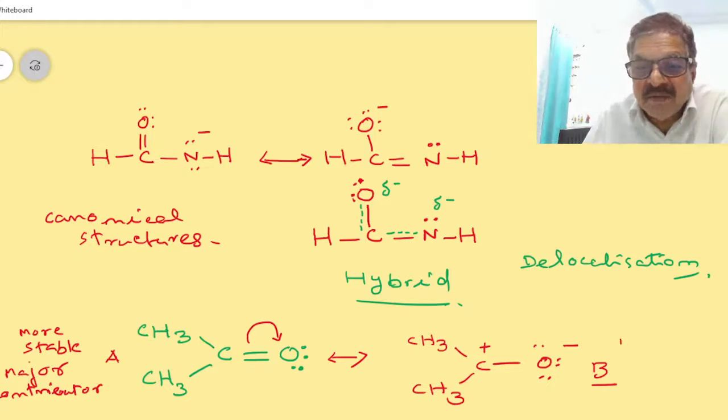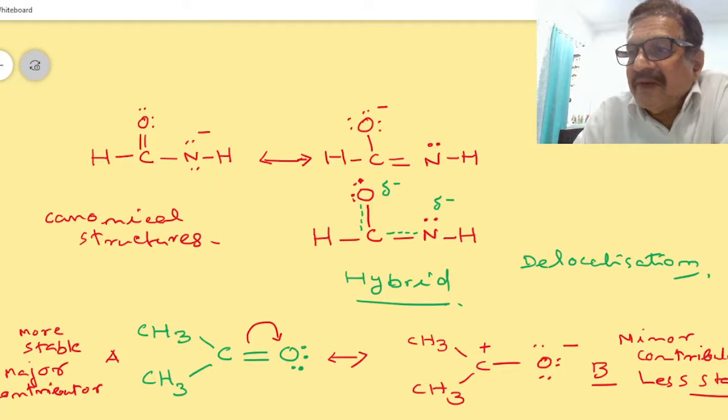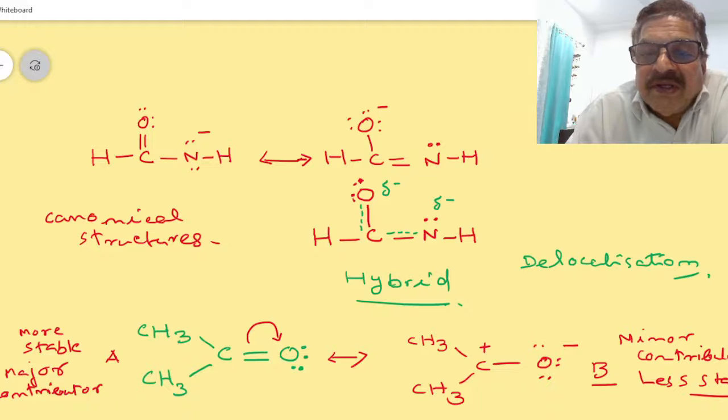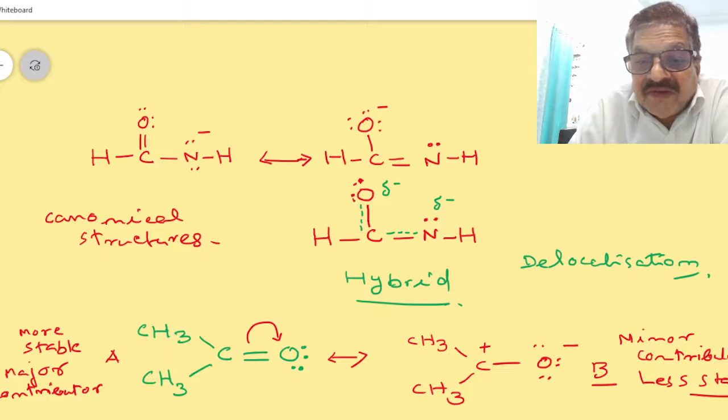Now here this one has more charges, so it is a minor contributor, and it will be less stable. Therefore the structure with more bonds and fewer charges will be more stable, correct? And that will be a major contributor, and the other one with more charges will be a minor contributor, and it will be less stable.